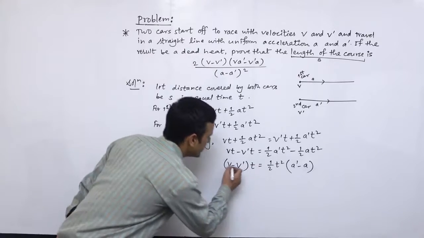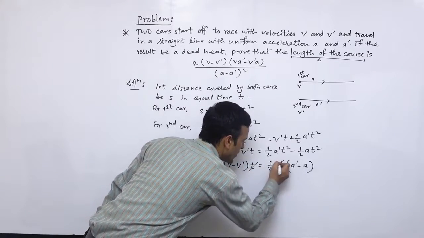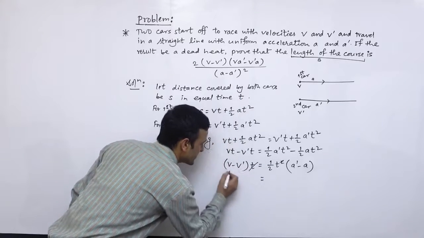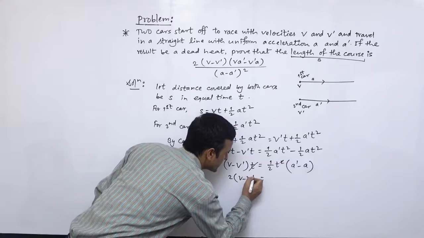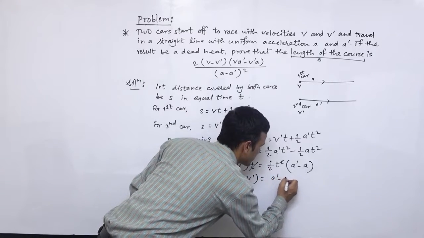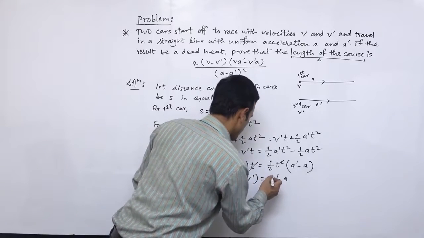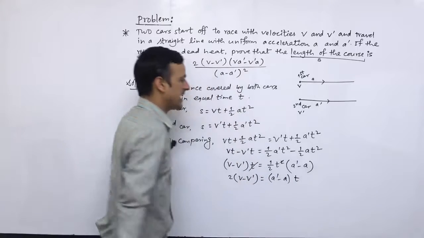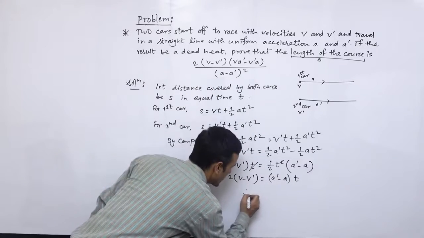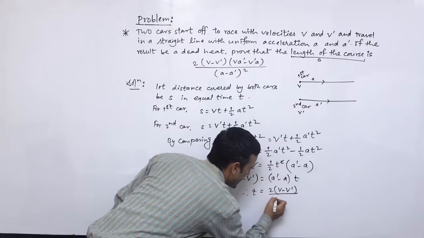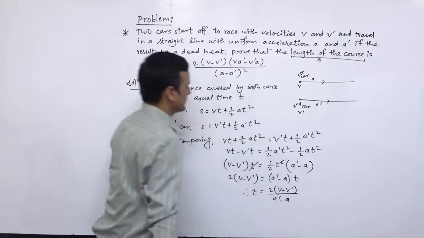One of the t and another t is cancelled. Then 2 times v minus v dash, this 2 is cross multiplied, and here a dash minus a is the term, and one t is left over here. Therefore t is equal to 2 times v minus v dash divided by a dash minus a.